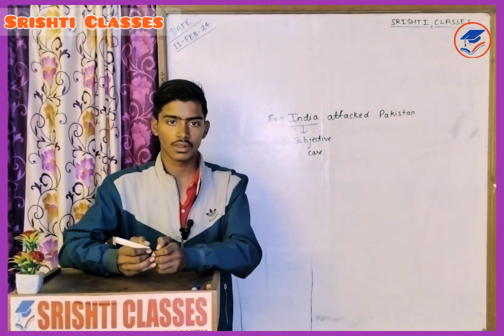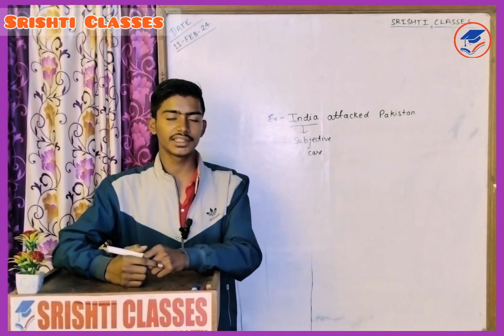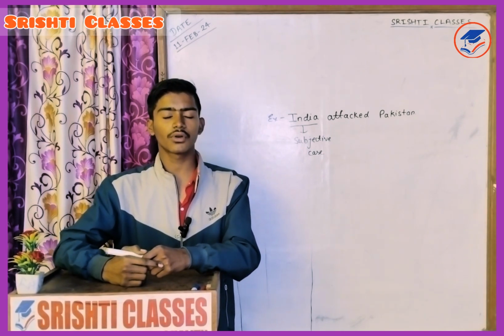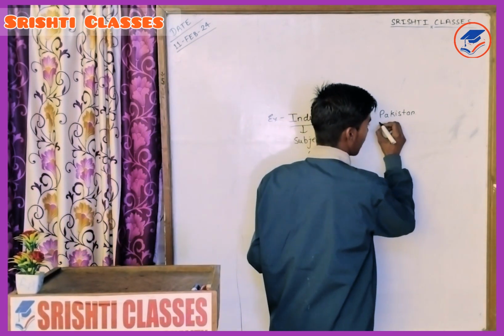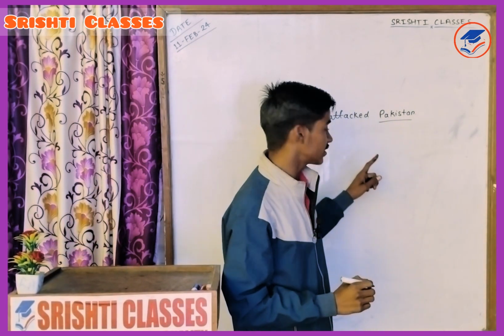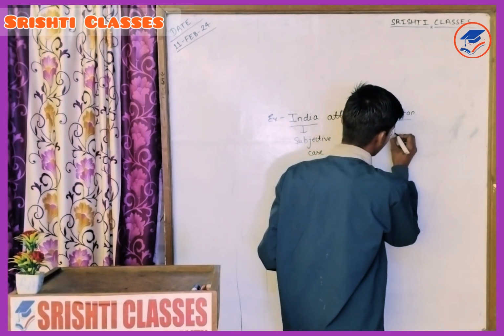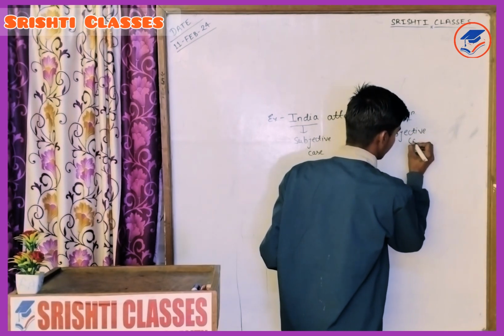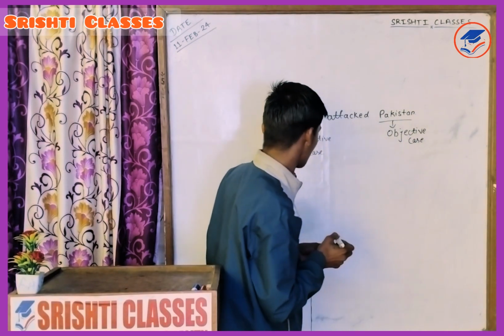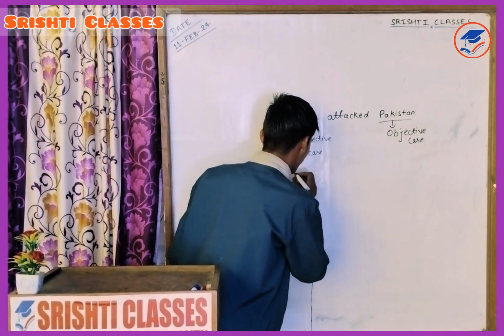Objective case. When a noun or pronoun is used in the form of an object in the sentence, then that noun and pronoun are said to be objective case. In this sentence, Pakistan is used as an object and Pakistan is called objective case. Let's take another example.